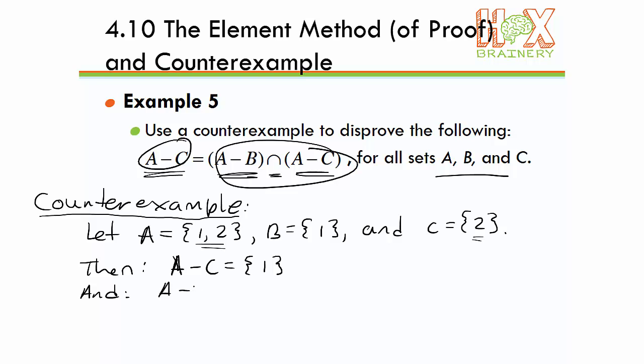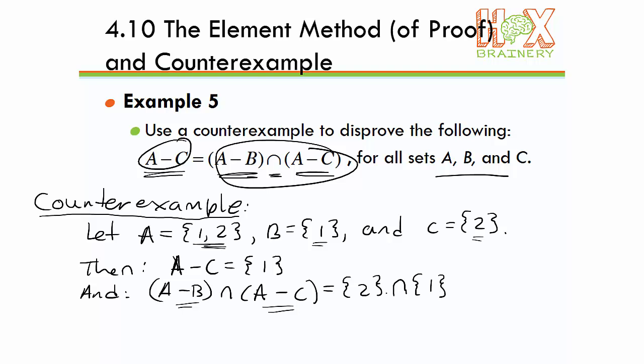If we have the set difference between A and B intersected with the set difference between A and C, the set difference between A and B would be 2, looking at these sets here. Still doing the intersection, so I'll keep that symbol. And then this we just found was the set containing the number 1. But now if we do this intersection, that's going to give us the empty set.